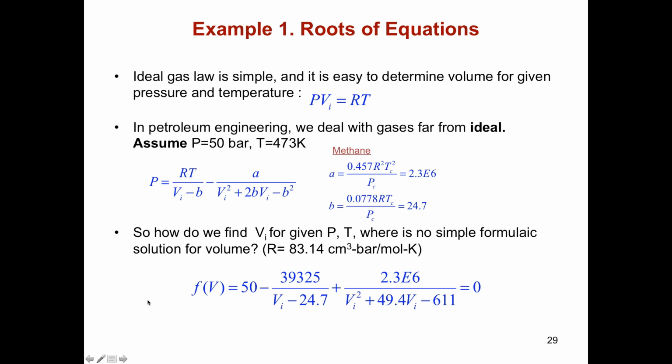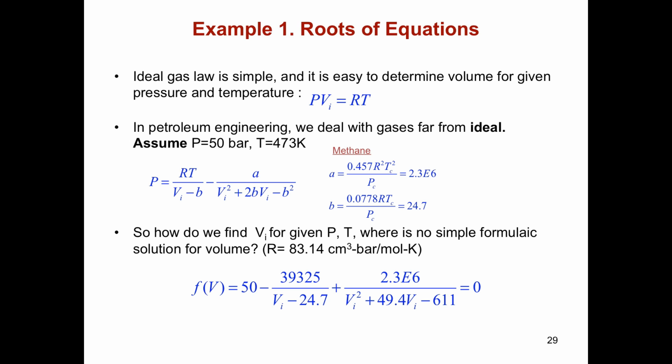And then how do I evaluate how close it is? So I find VI based on the ideal gas. I plug it in here and I can, for instance, see how close to 0 it is, and then try some values around it. Or maybe even plot what my f of v is, for v in some range around that value, and look at that plot to see how close I can get to 0.